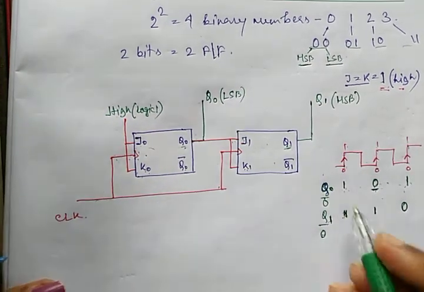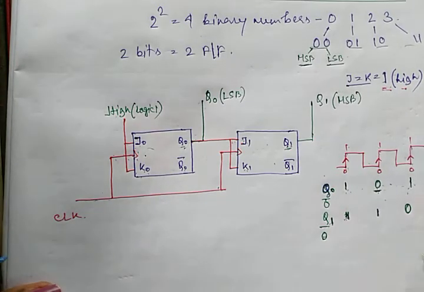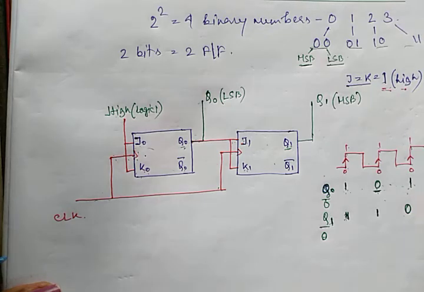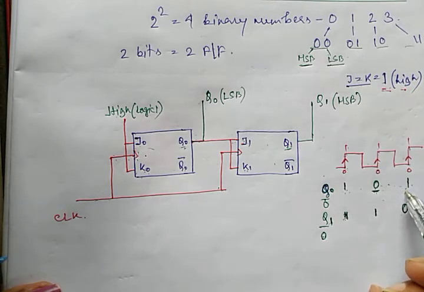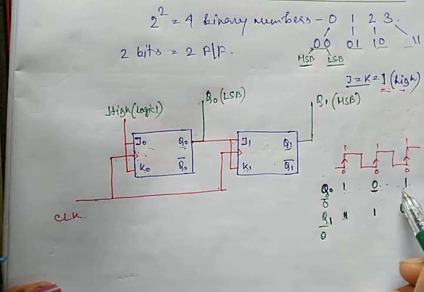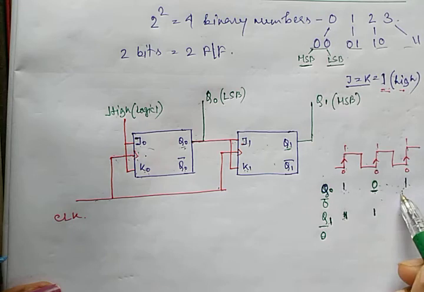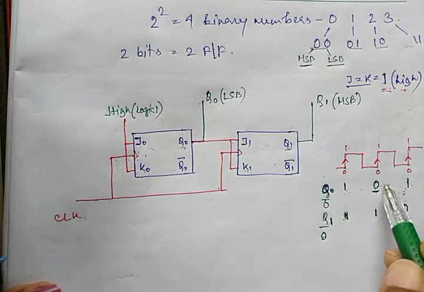So for the changes of Q1, we have to see the condition of Q0, and Q0 changes every time, during every clock pulse.